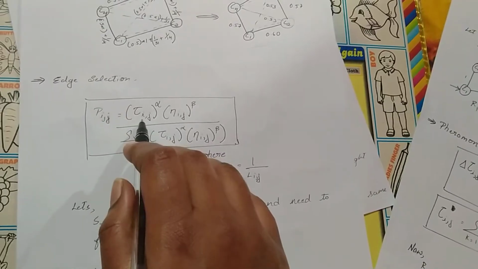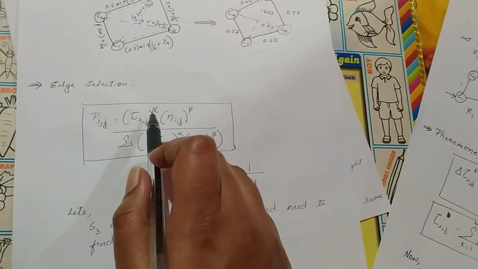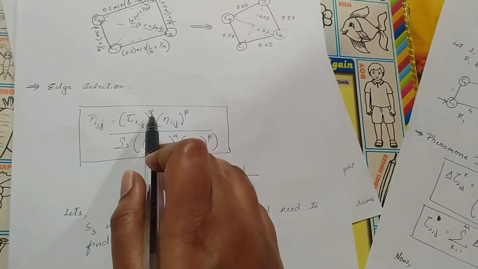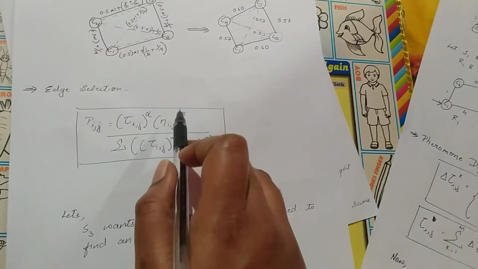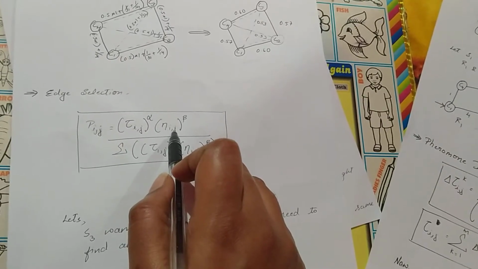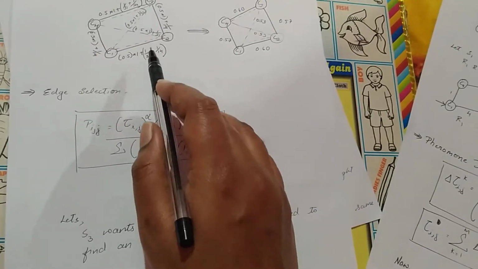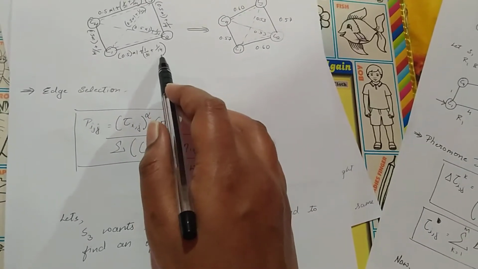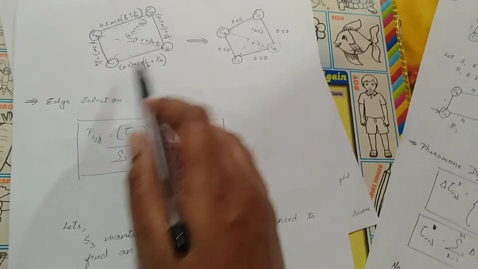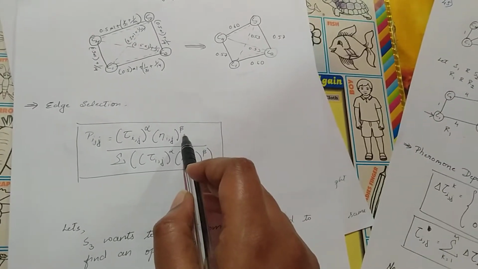It will be given as the pheromone deposition of i and j to the power of alpha, where alpha is a constant, here we are considering it as 1, and Nij to the power of beta, where Nij is the value we consider as 1 by L, like here the same way we considered 1 by 31 and 1 by 14. That will be the value Nij between those particular edges, where beta is a constant.